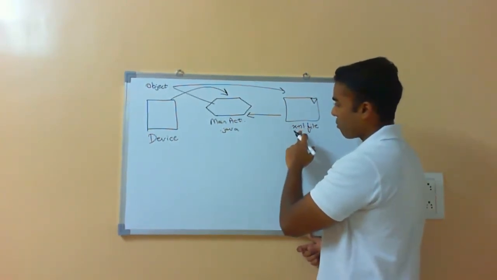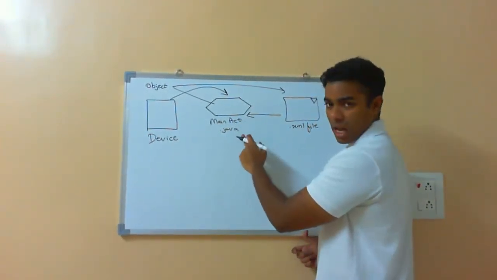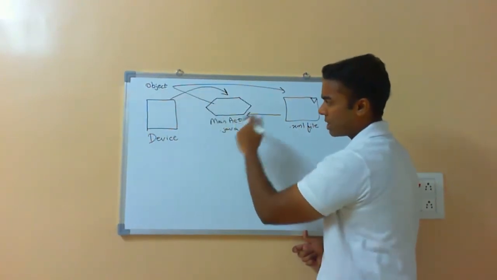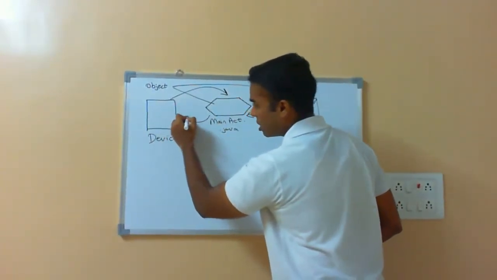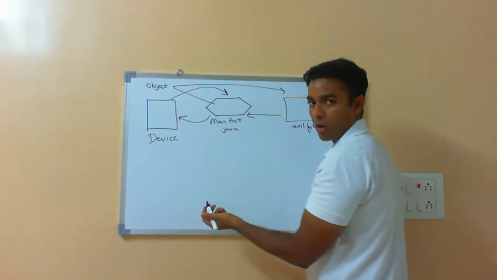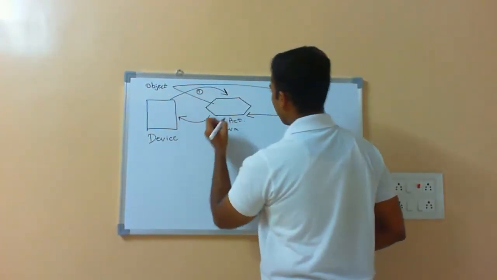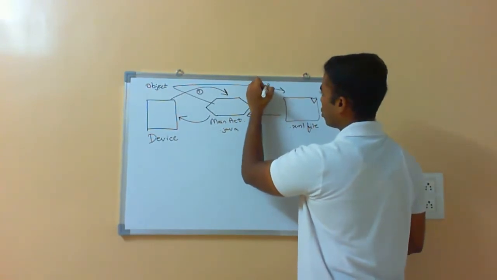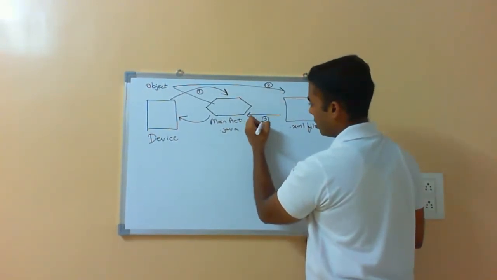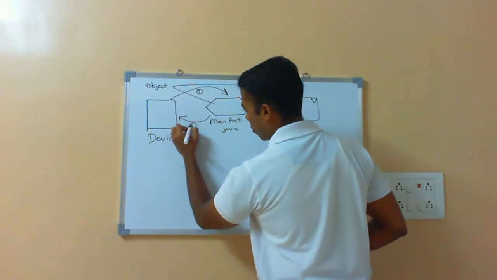So this XML file will be called by this object, and then it will be passed on to this Android device. Let's give these numbers 1, 2, 3, and 4.